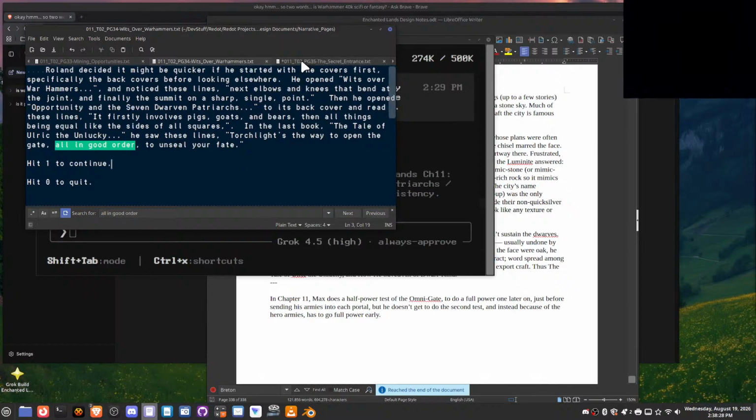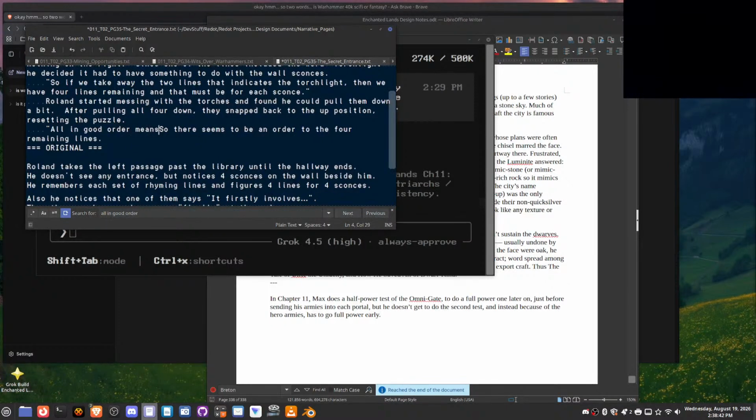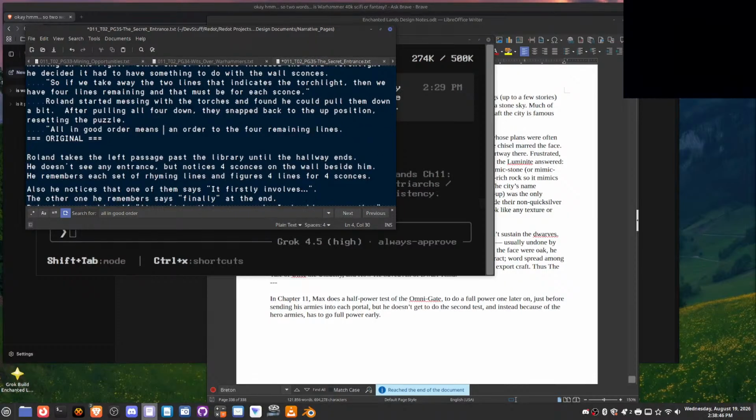It already says all in good order. All in good order means there's an order to the four remaining lines.